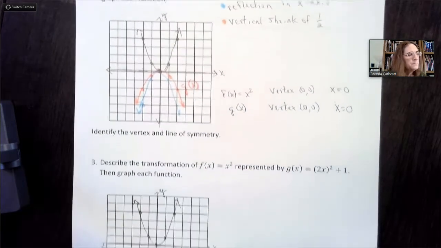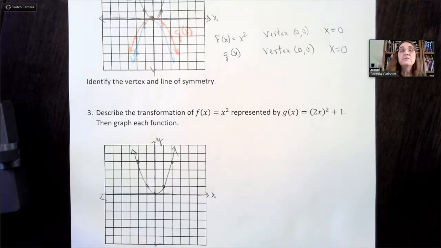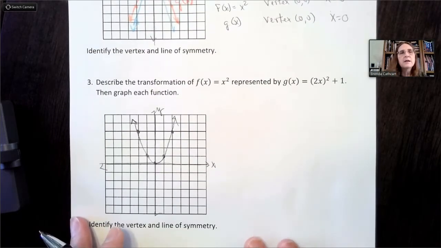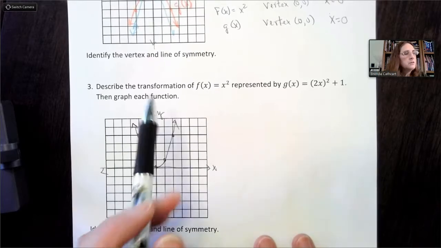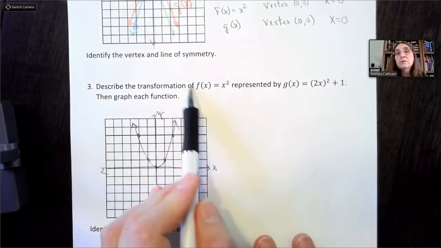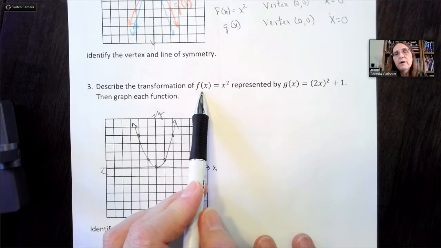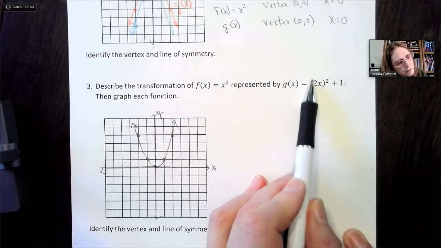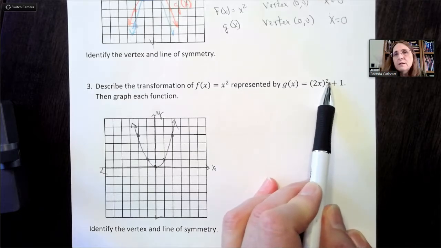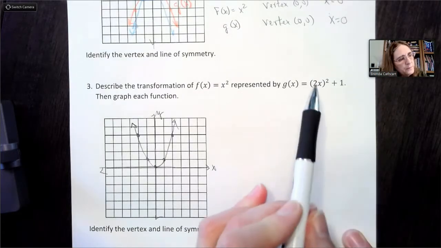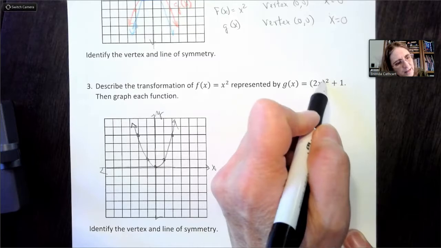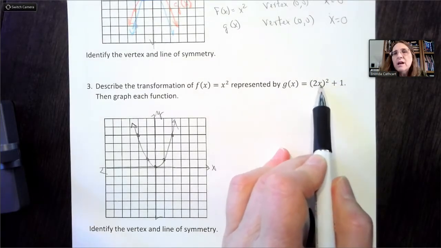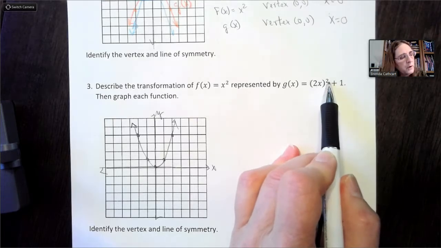Now let's do one that's got a couple of different kinds of transformations in it. In this next example, I'm going to describe the transformations again, starting with a parent function of f of x equals x squared. This time g of x, we have 2x in the parentheses, then squared, then plus 1. Because we're inside the parentheses before we square it, I've changed the x before I do the square.